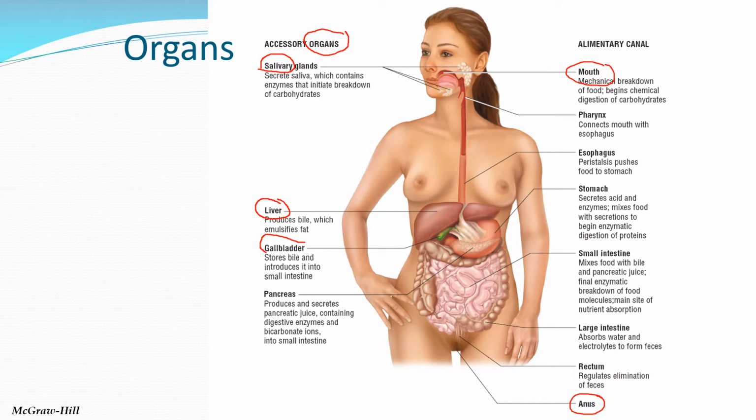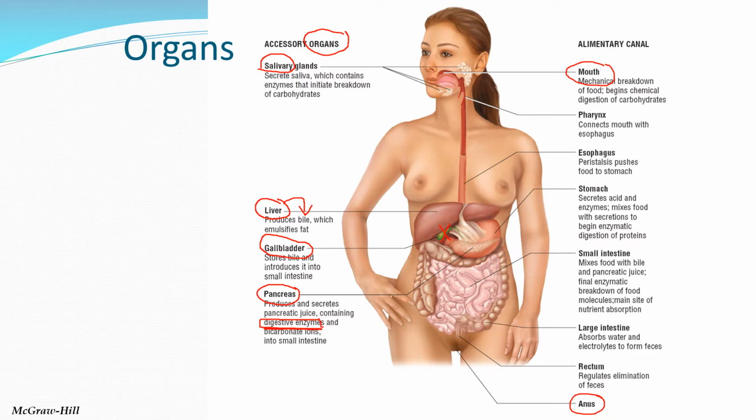Sorry, the liver makes the bile, but the gallbladder just stores it. So it's okay if you get your gallbladder removed; the liver is still making the bile. And then lastly, the pancreas. It's like a supercharged saliva gland that makes all of your digestive enzymes. They're going to break down food chemically.